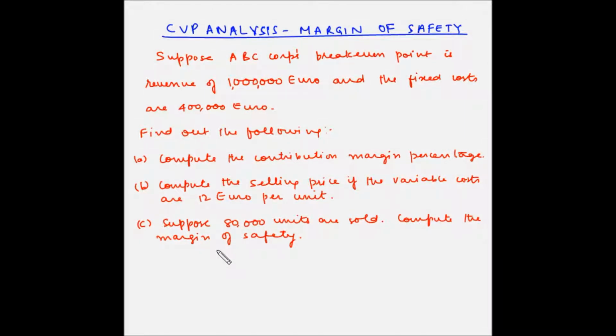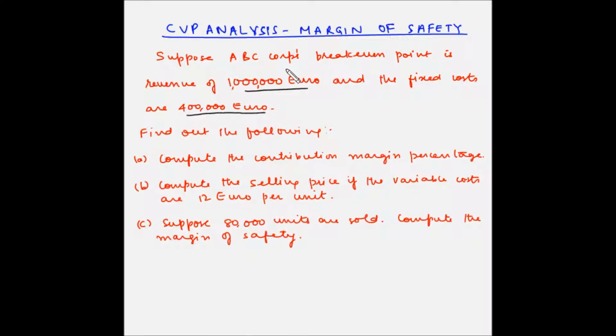Let us look at another example of cost volume profit analysis with an emphasis on margin of safety. Suppose ABC Corp's break-even point is a revenue of 1 million euro and the fixed costs are 400,000 euro.